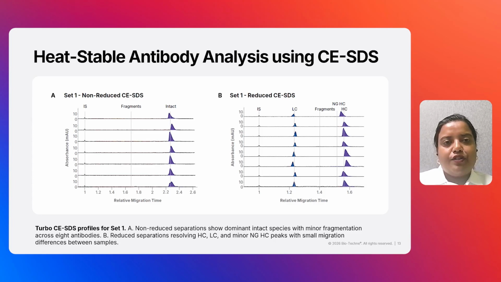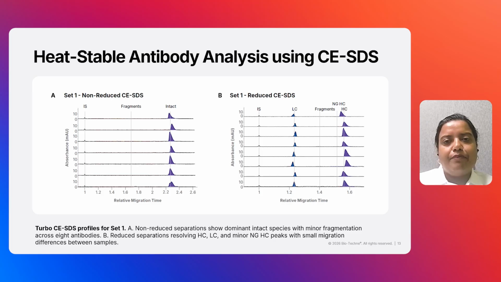The figures that you're seeing here show a stacked profile of 8 antibodies analyzed using CESDS under non-reduced conditions. Now, the dominant intact species is observed for all 8 samples, with the expected variation between them as they are different antibodies.